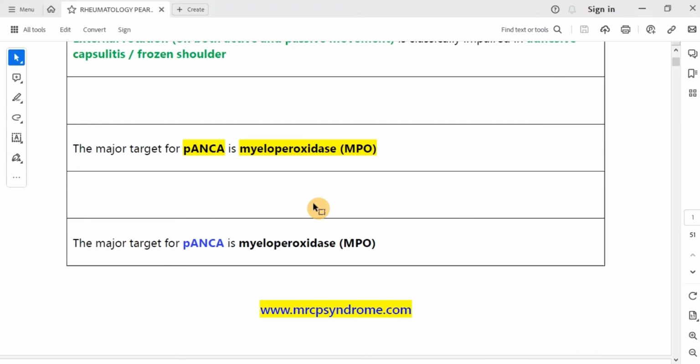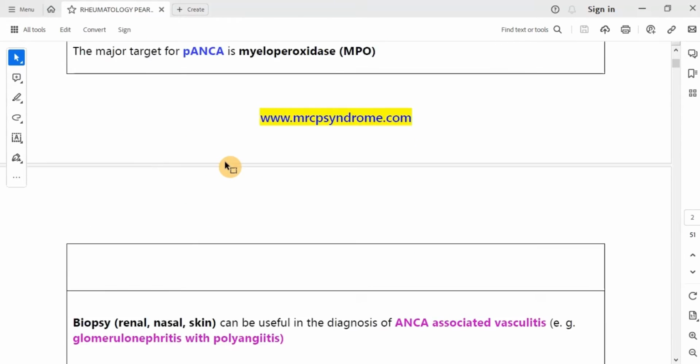ANCA is most commonly positive in GPA, also known as Wegener's granulomatosis, in CSS, also known as EGPA, and also in MPA, microscopic polyangiitis.